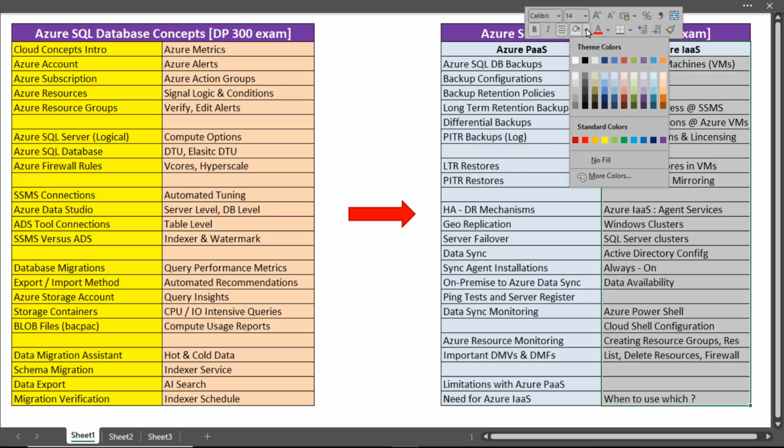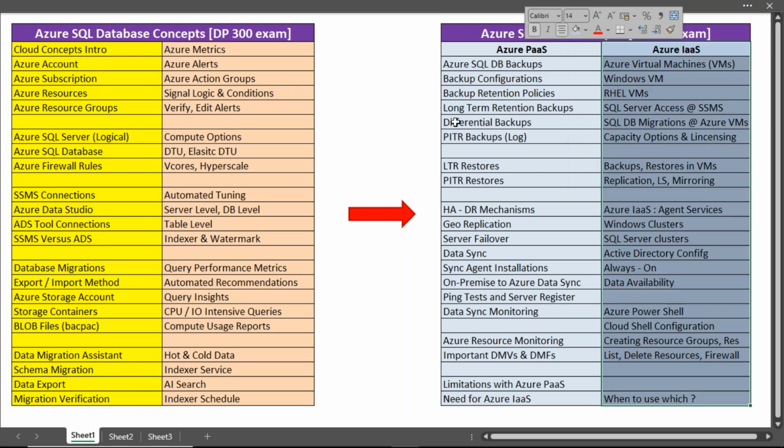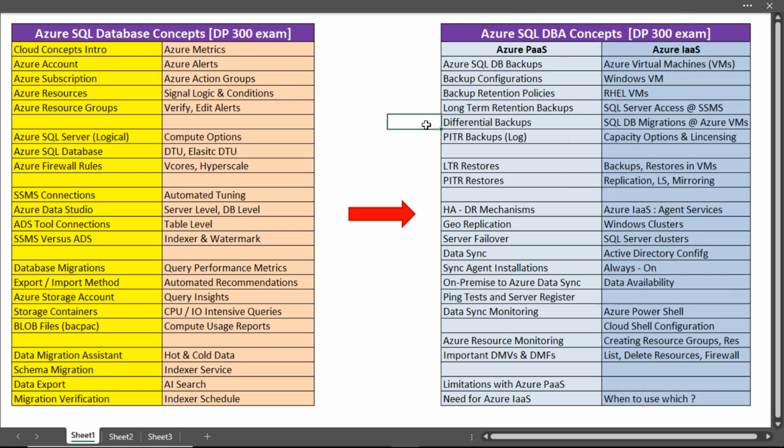IaaS means, as I said, infrastructure as a service. Virtual machines, Windows and Red Hat Linux, server access and migrations with IaaS, backup restores and replication with IaaS.